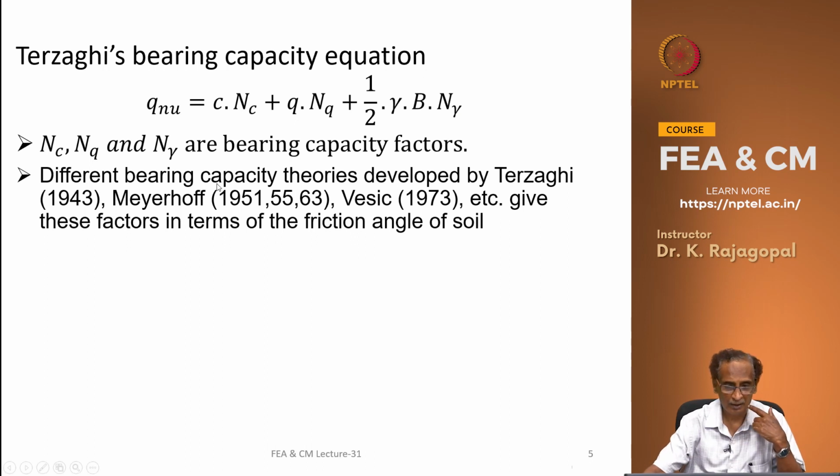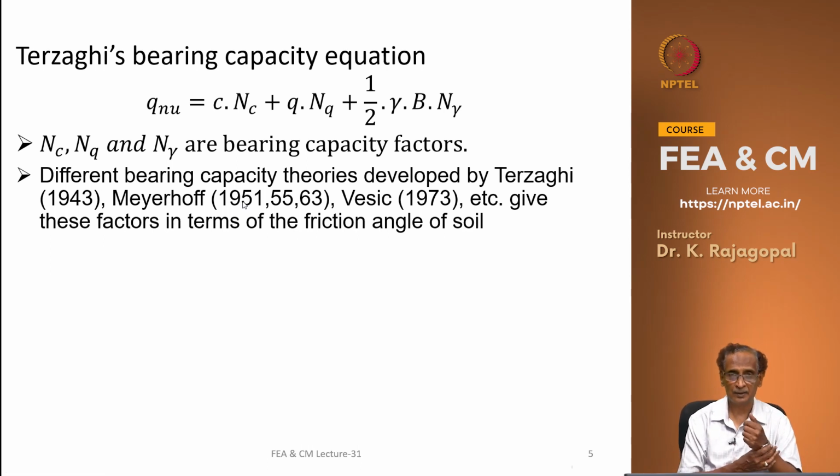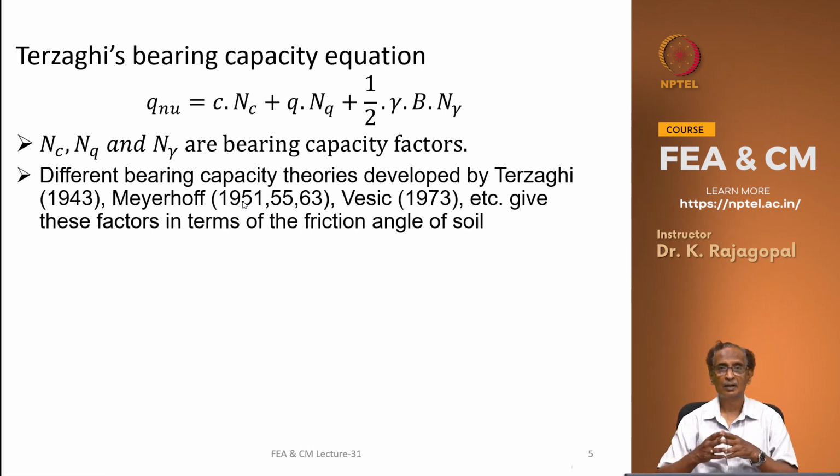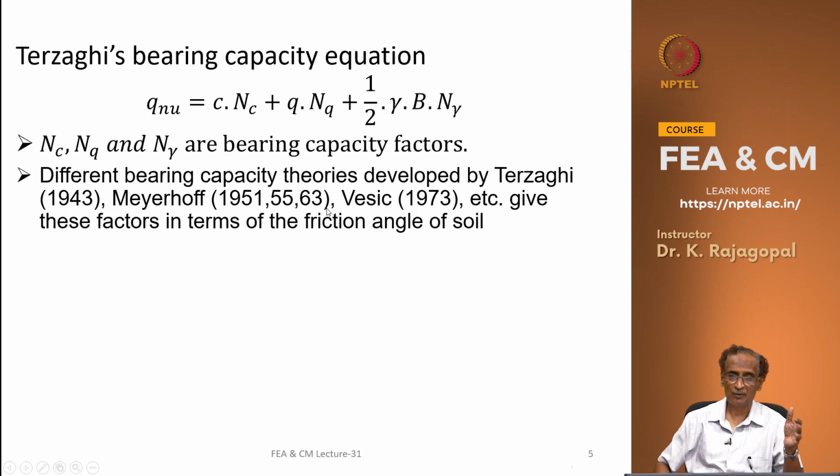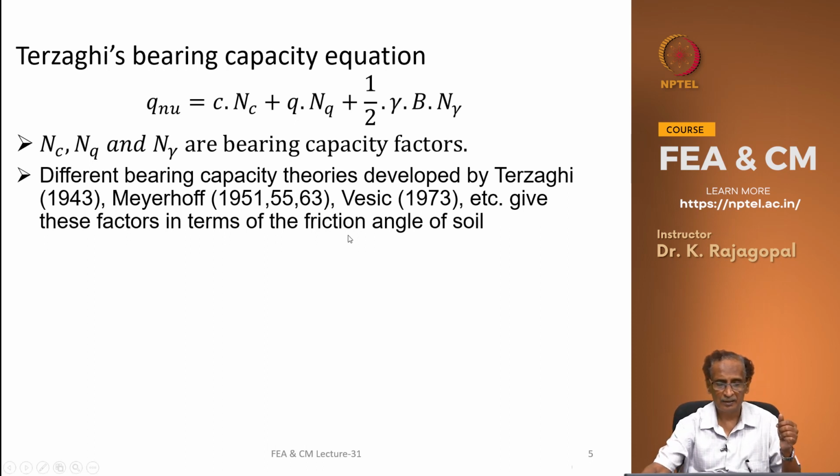Starting from Terzaghi, in 1943, and Meyerhof, in a series of papers he published a number of them to estimate these bearing capacity factors. And in between we have several other theories by Hansen and then Balla and so on. And then we have the Vesic theory in 1973.